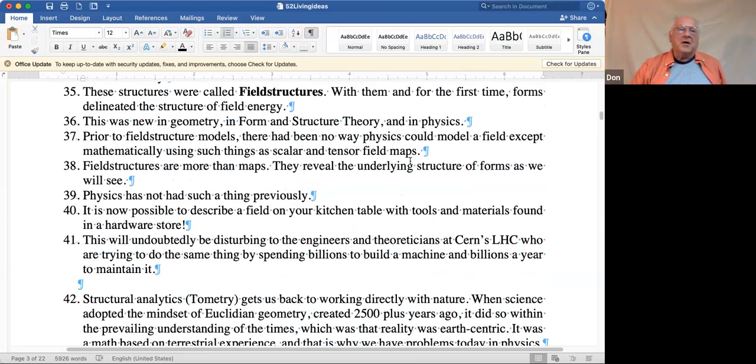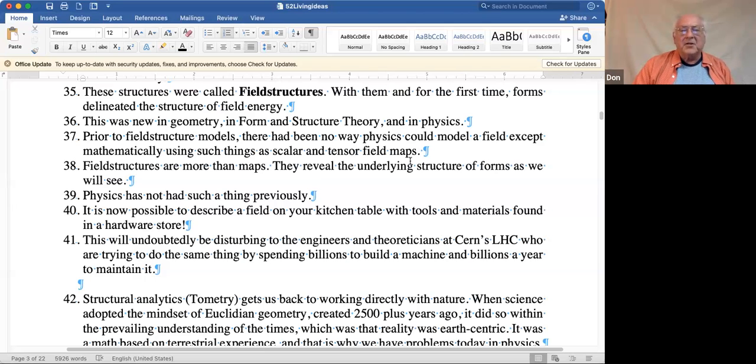Prior to field structure models, there has been no way physics could model a field except mathematically, using such things as scalar or tensor field maps. Field structures are more than maps. They reveal the underlying structure of forms as we see them, as we will see.